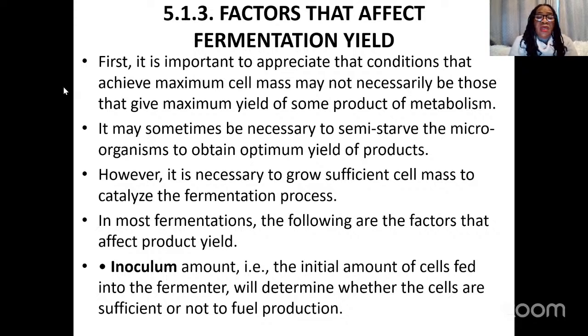In most fermentations, the following are the factors that affect product yield. You have inoculum amount. The initial amount of cells that are fed in is the inoculum amount, and that can affect the yield.